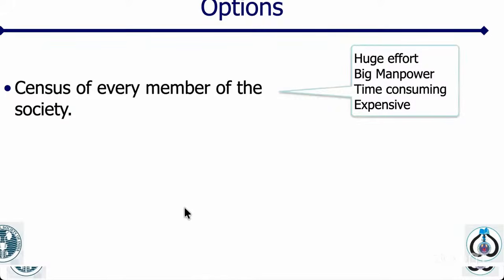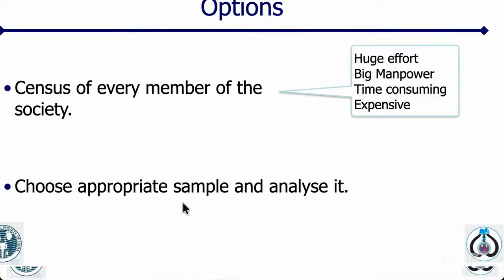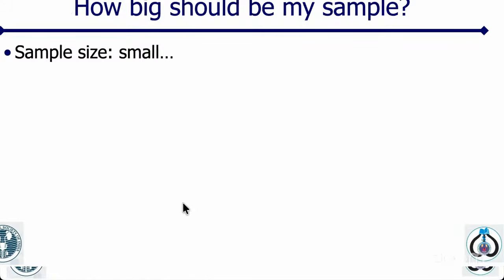Obviously, this is going to be a huge effort, big manpower needed, time consuming and expensive, maybe practically impossible to achieve. So what I can do is choose 500 out of these 10,000 people, analyze them, and then extrapolate this to the 10,000 population. This probably is doable and would be nearly approximate of what the full society would have.